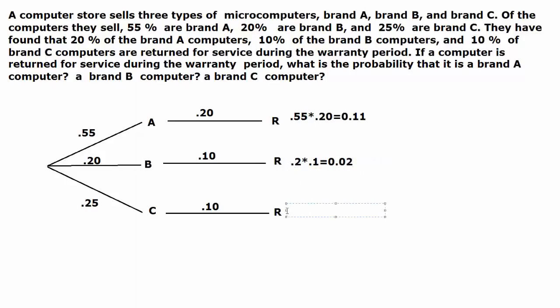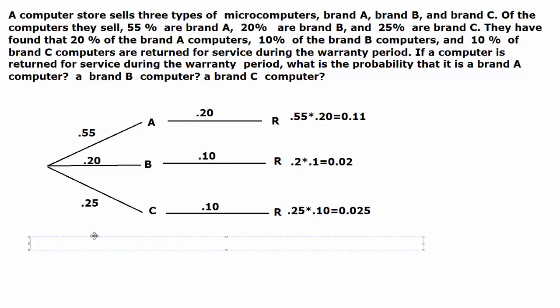And this probability for brand C, like the computer is of brand C and it is returned, is 0.25 times 0.10, that is 0.025. All right, so what do we get here?